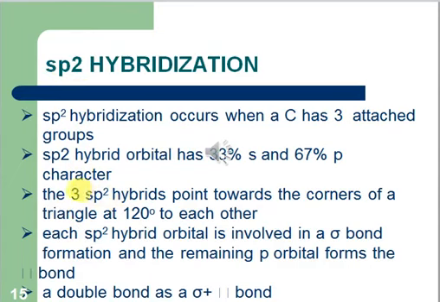The bond angle between these 3 sp2 orbitals will be 120 degrees, and each of the sp2 orbitals is involved in a sigma bond, while a pi bond is formed by the unhybrid p orbital. The double bond in sp2 hybridization has a sigma bond and a pi bond. One bond is sigma, and another bond is pi.